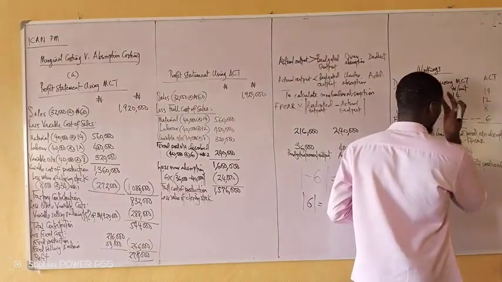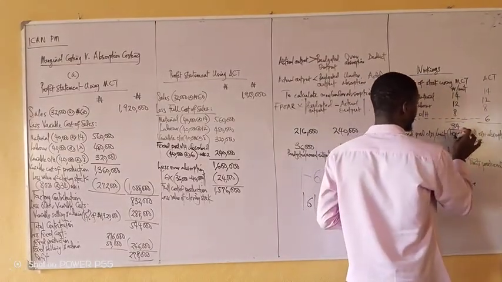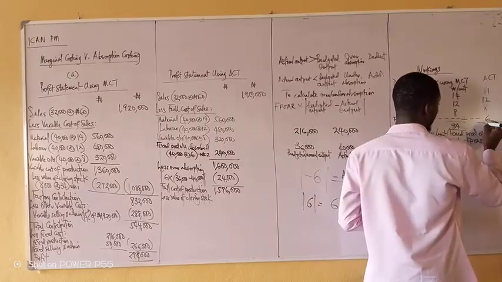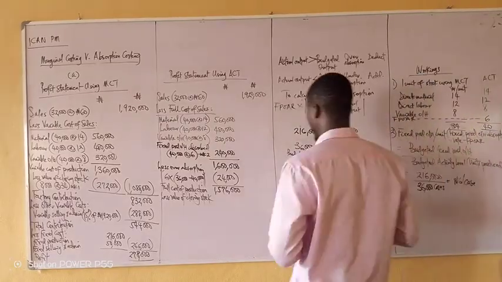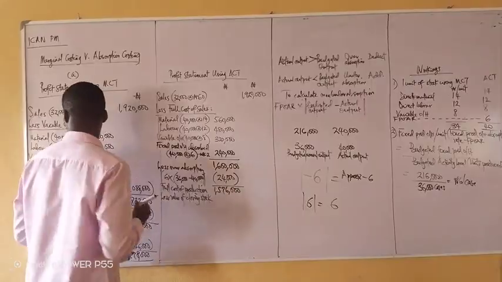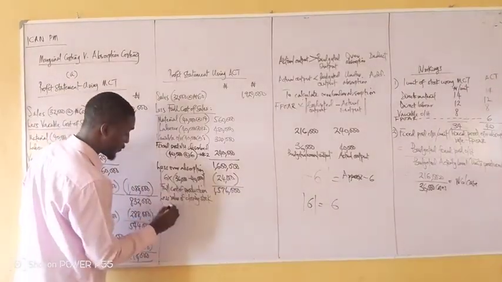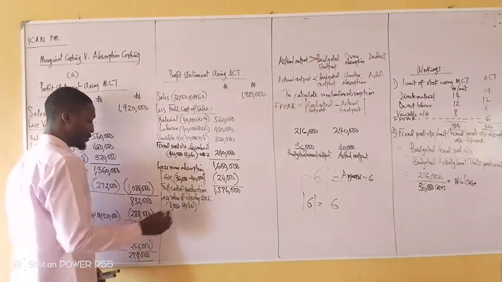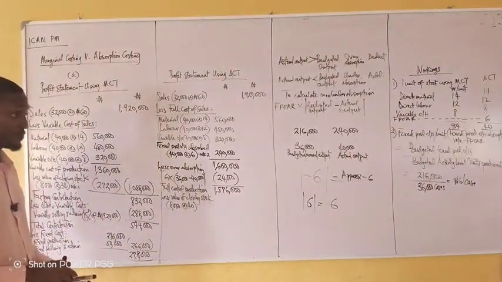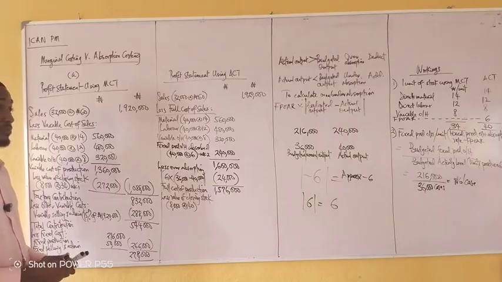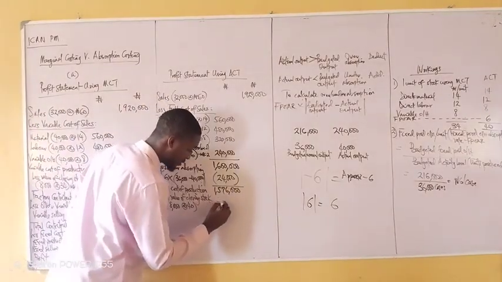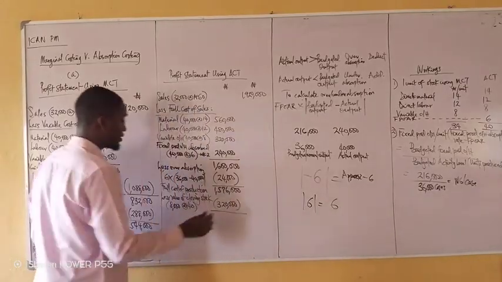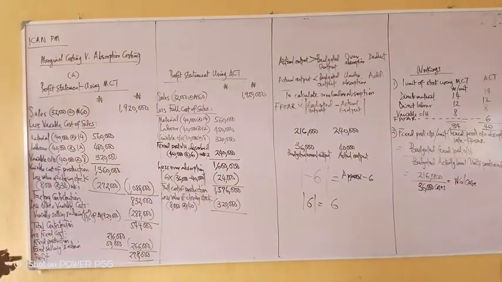So add everything: 14 plus 12 plus 8 plus 6 is 40. So under absorption costing, each value of stock will be 40. And we have 8,000 units of stock at 40. So 8,000 by 40 is 320,000. Deduct from this, we'll have our full cost of sales.